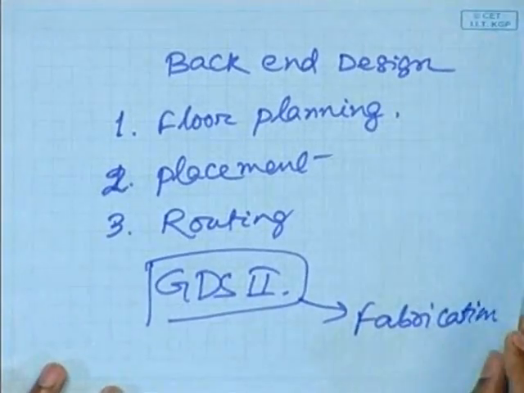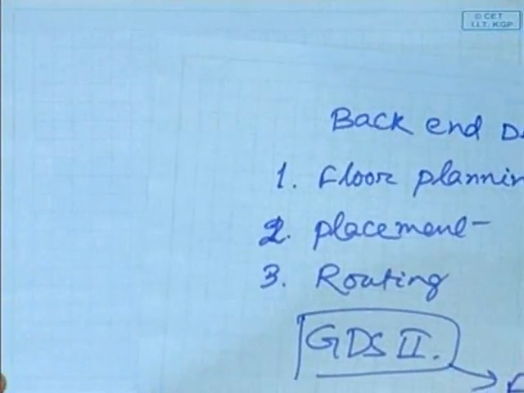I am not going through it, because this class is related to the front end design, that is, at the simulation level. Now I think you studied the architecture design.